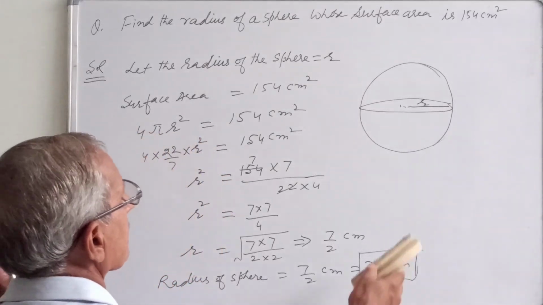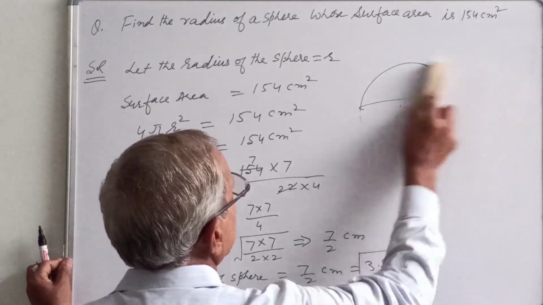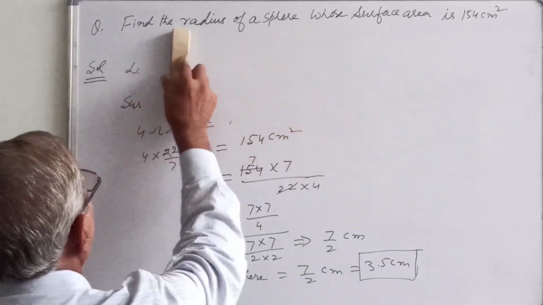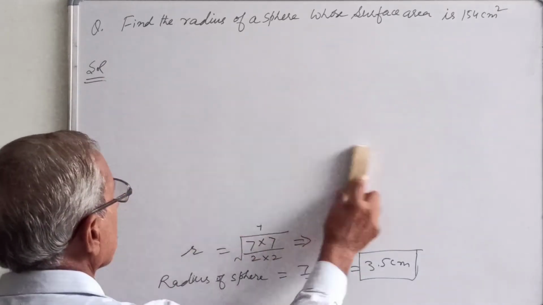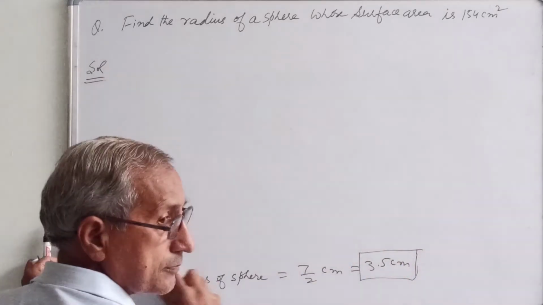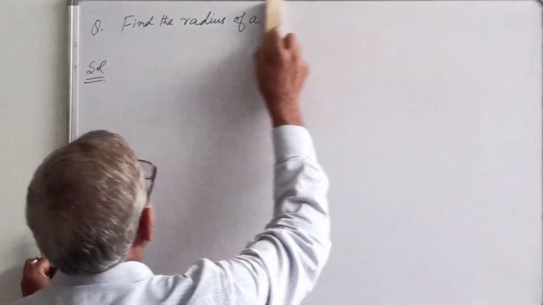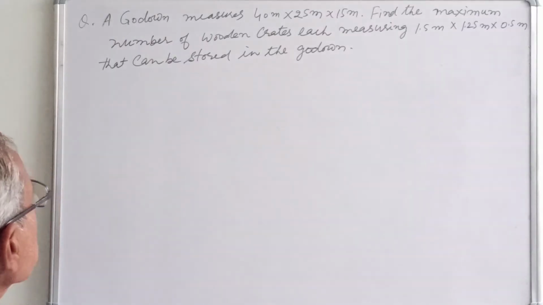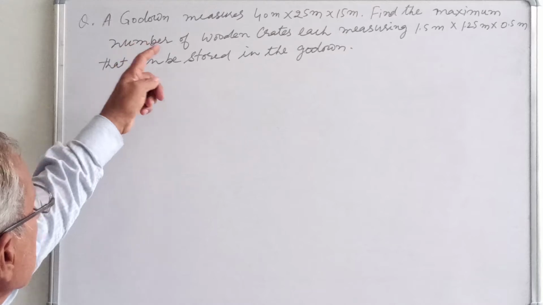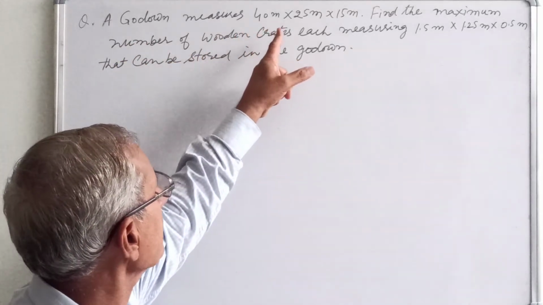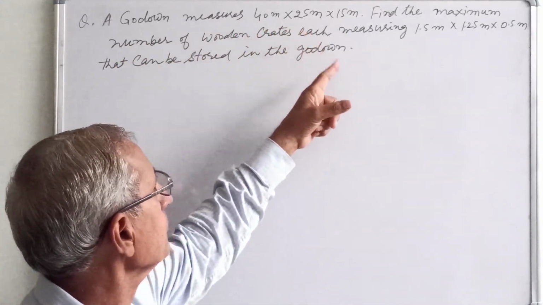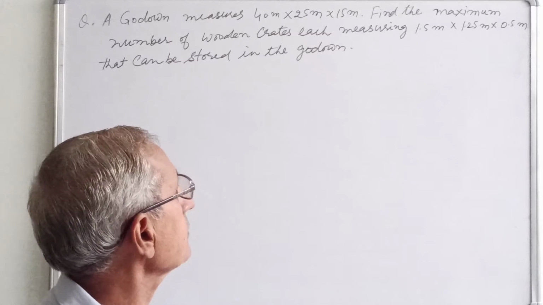Now we take up the next question. Here is the next question. A godown measures 40 meter multiply 25 meter multiply 15 meters.